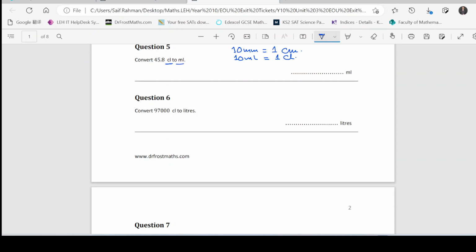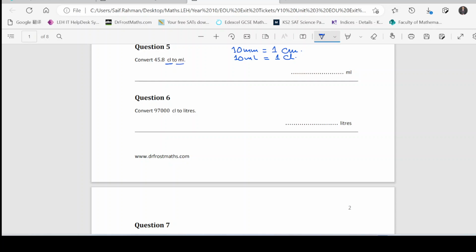So in this one, we are moving from a bigger unit to a smaller unit. When we convert a bigger unit into a smaller unit, our answer will be a bigger number.